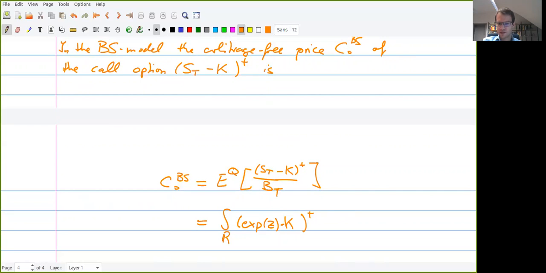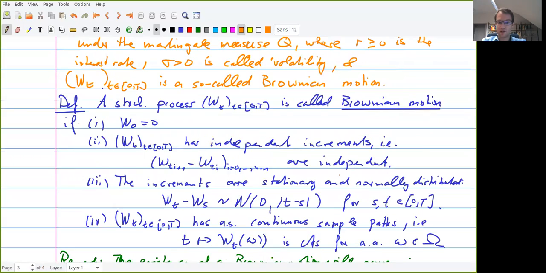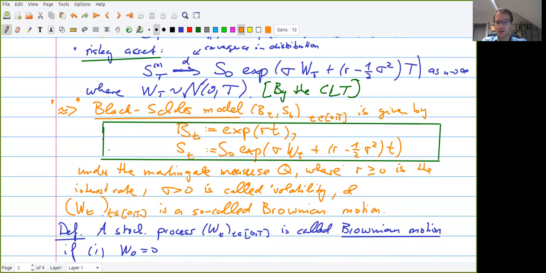So let's take the exponential of a normal variable z, which is normally distributed, and then you plug in the coefficients you have. What I'm doing here is not magic, right? It's just looking at the terminal time of the price of the risky asset and thinking about what the distribution is.